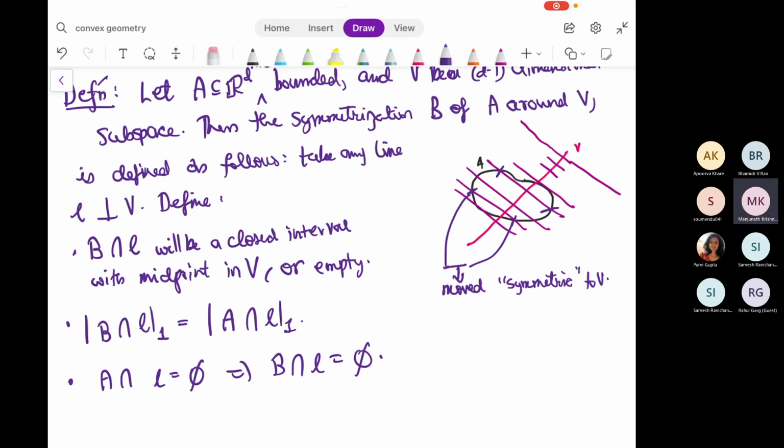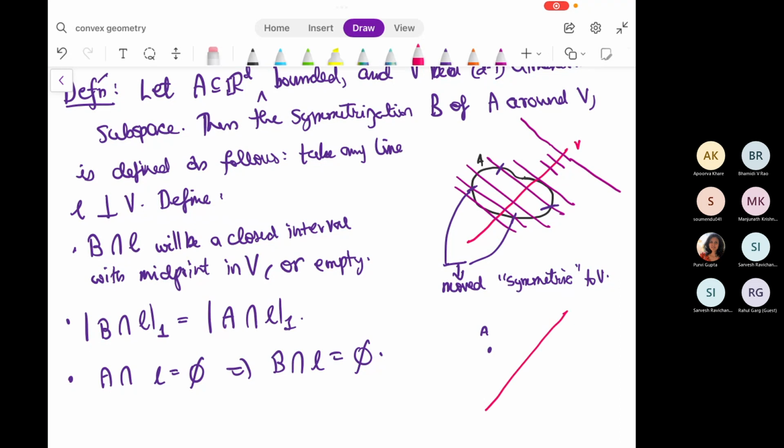No, that's not true. This looks like more than symmetrization. Suppose A is a single point, then what would this be? Would it be a full line? No, it would not create a full line. So for example, let's say A is a point, and let's say this is V. I'm trying to draw it, sorry.